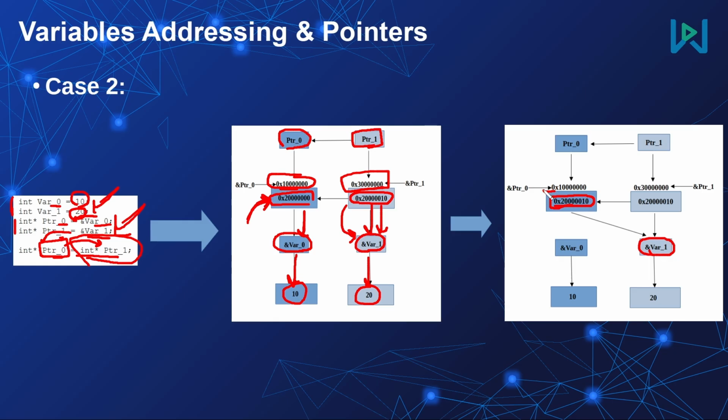So the address of our pointer will contain and will be updated with the address of the variable number 1 instead of the variable number 0. This way, the pointer number 0 will be pointing to the same variable as pointer number 1. Hence, we'll have what is called pointers alias, meaning having two pointers pointing to the same location.